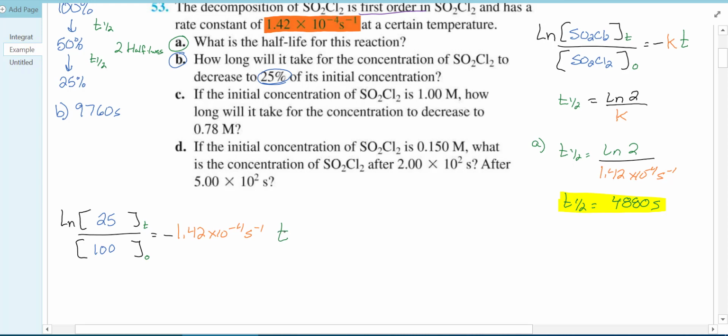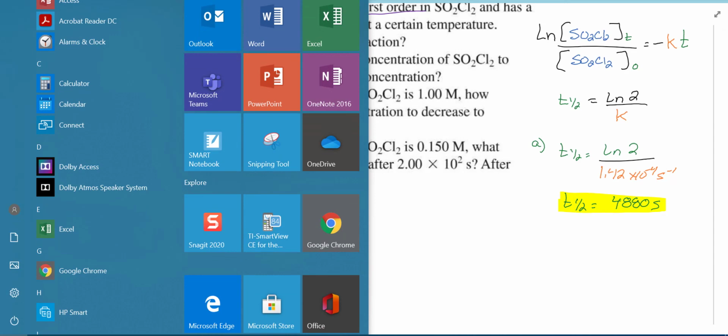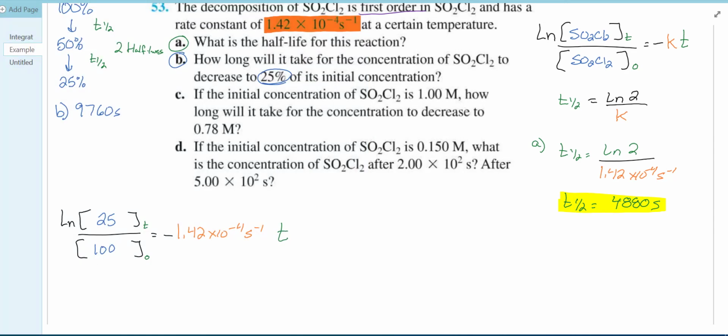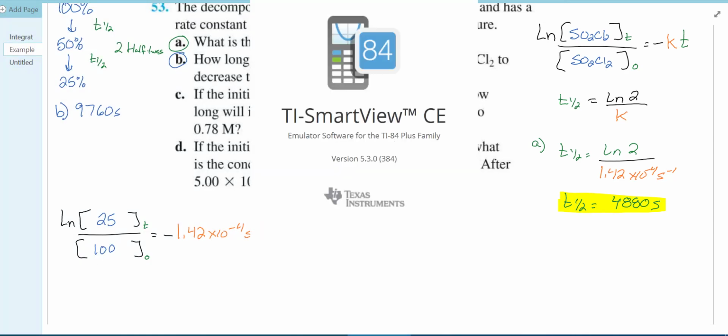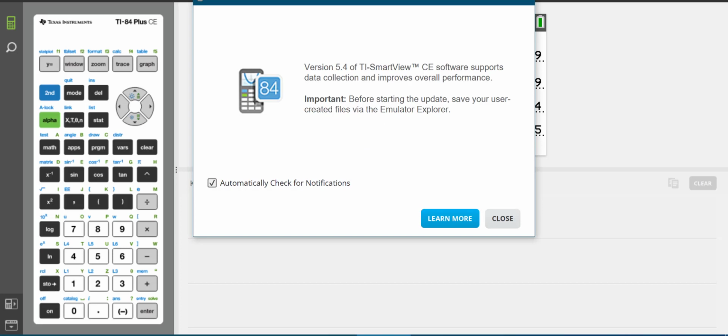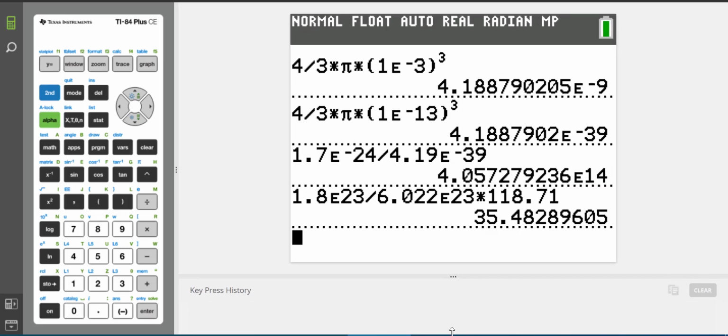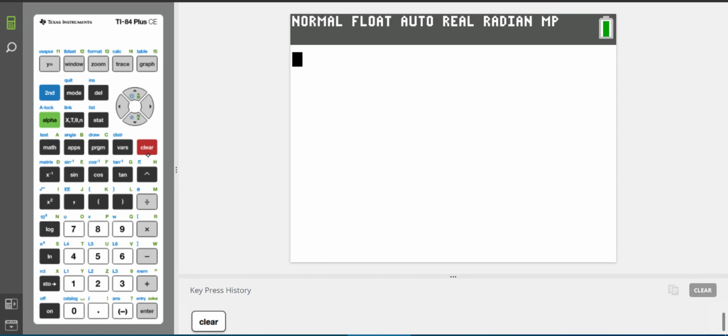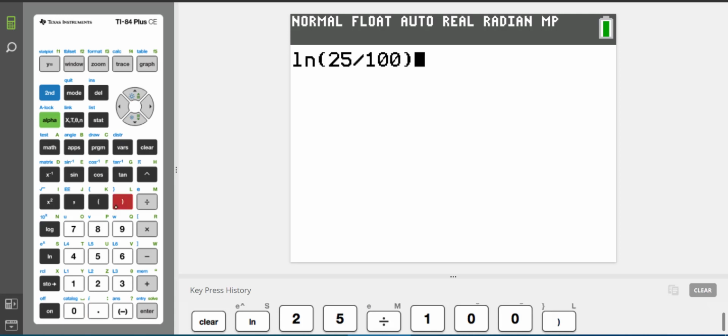So how do I solve this in my calculator? That's a great question. So I'm going to pull up the calculator here, and we're going to solve it. This will still work even if we do not realize that it was 2 half-lives. So I'm going to take the natural log of 25 divided by 100, close my parentheses, and then I have to divide by k.